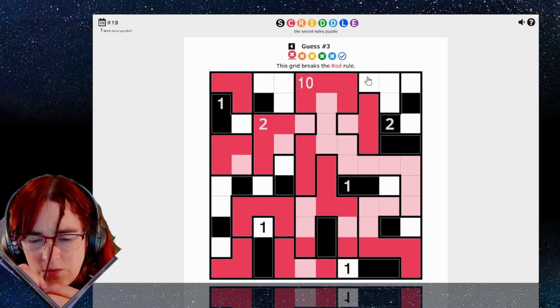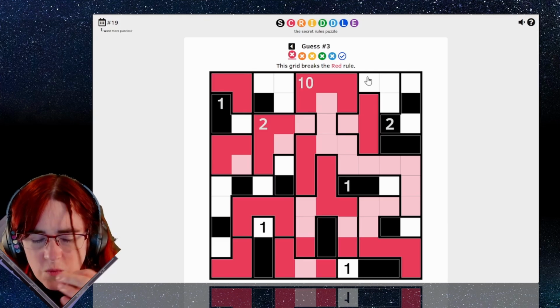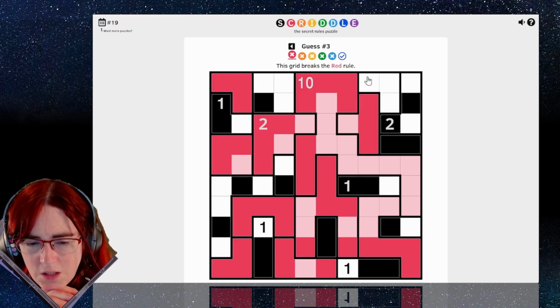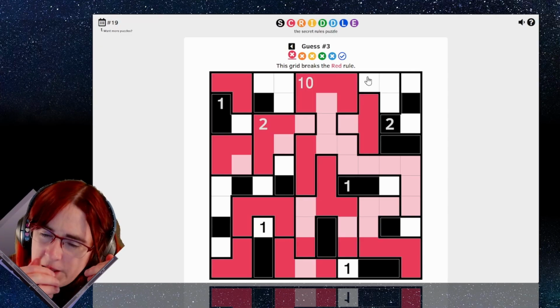Oh, we hadn't really looked at this. So what can we say here about... We can say that the red rule applies to rooms. Red rule applies to rooms.